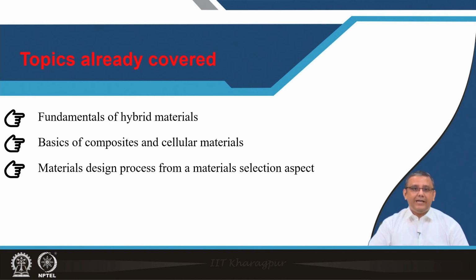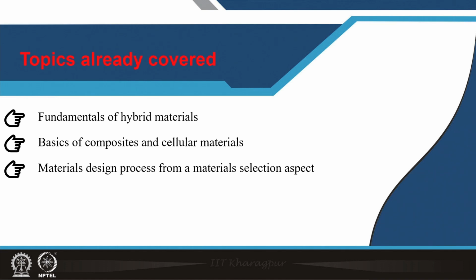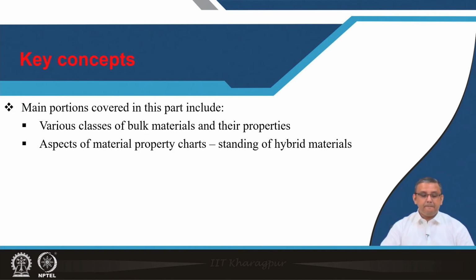And you will see today that if this material selection aspect and the materials design is done in a systematic manner, then hybrid materials can actually provide properties which are not attainable by bulk materials.